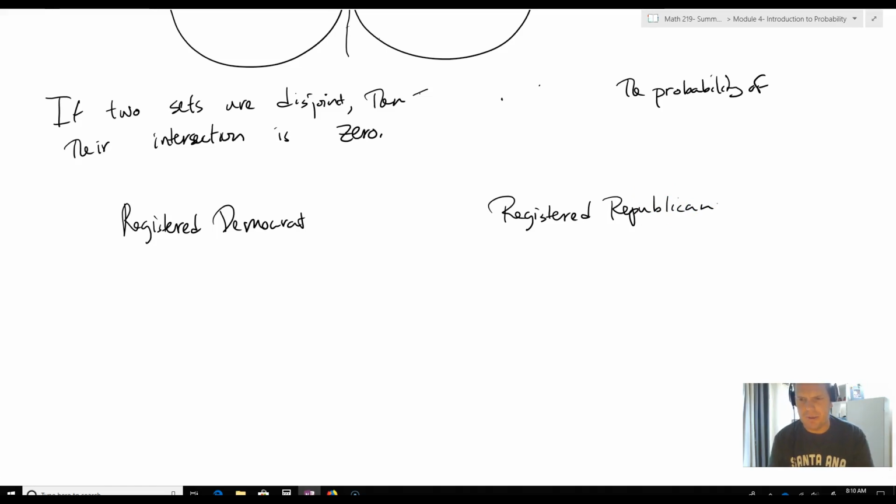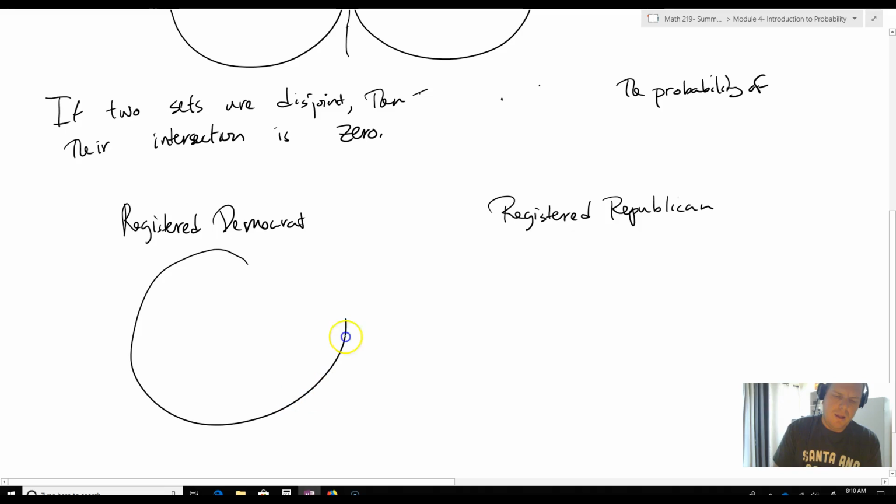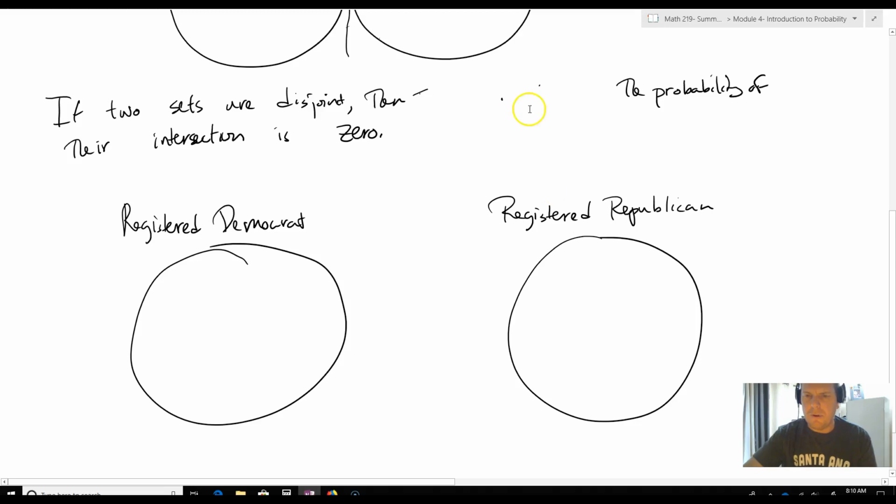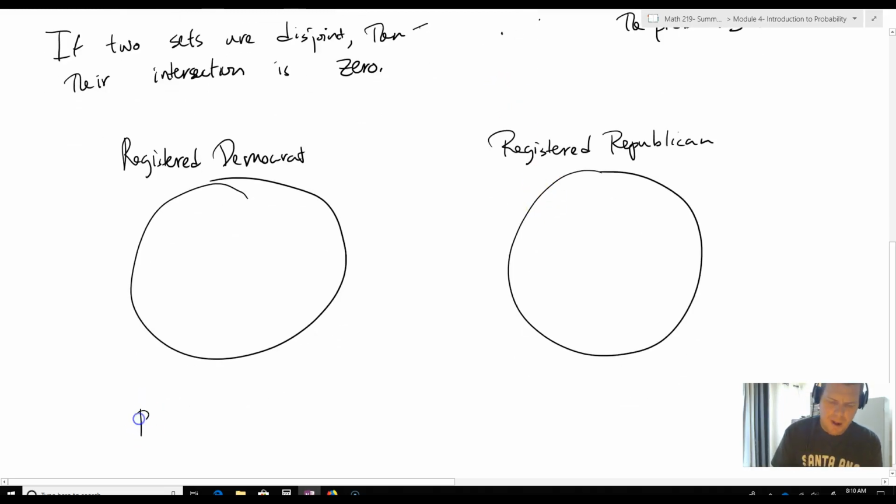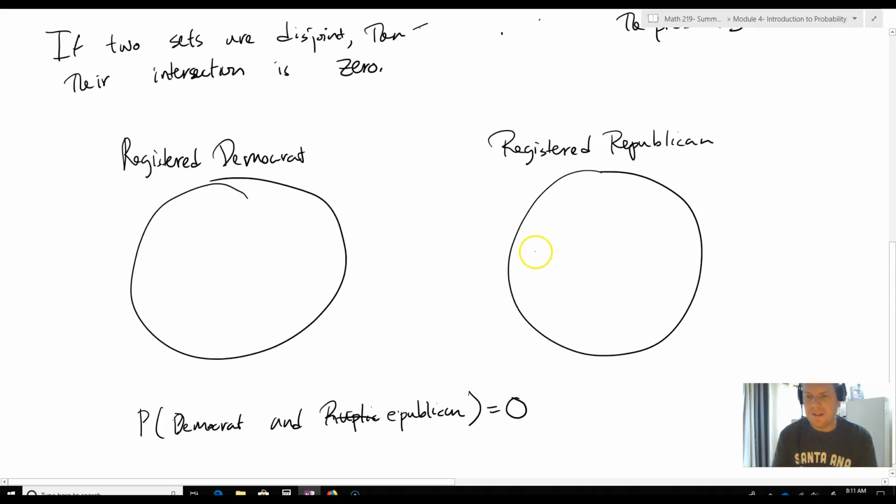You can't actually register as both in the United States. So the group of registered Democrats and the group of registered Republicans are disjoint. So if you were to pick somebody at random, the probability of the individual being Democrat and Republican is 0. Because the two sets are disjoint, the probability of having both occur is actually 0.